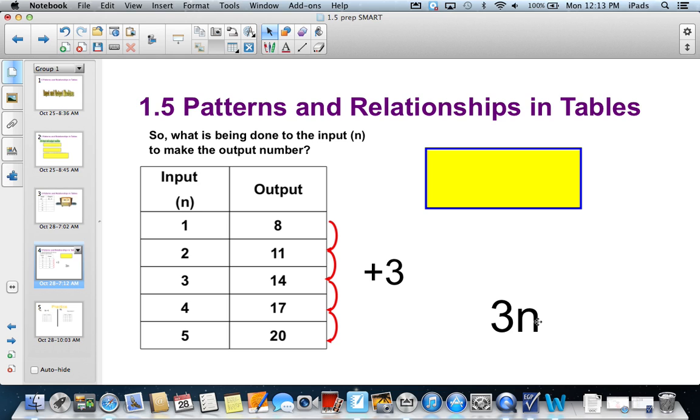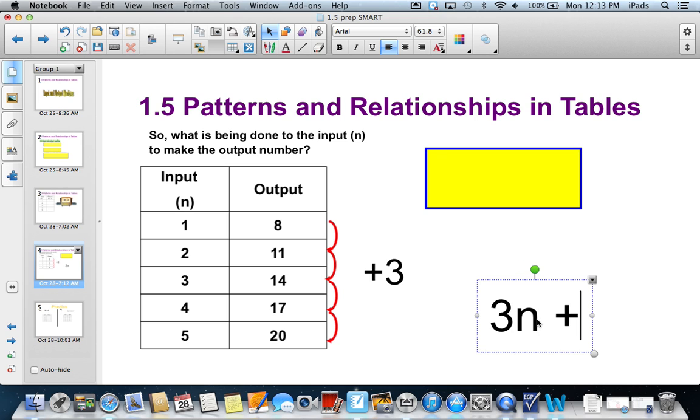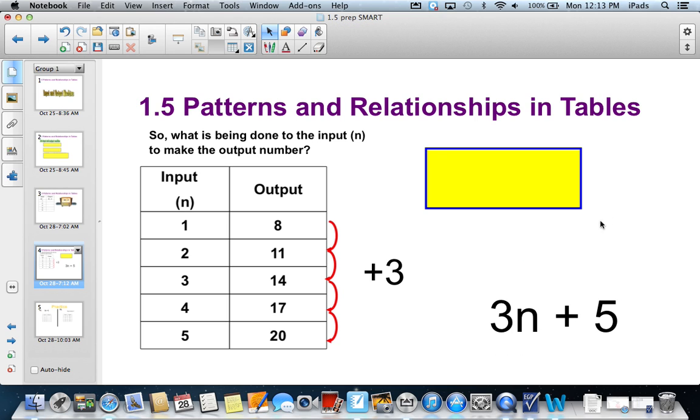So if it's 3n to start, 3 times 1 is 3, and that's not quite big enough. To get 8, what do I have to do to that? Well, 3 times 1 is 3. I have to add 5 more to make that so. So now let's check. 1 goes in there. 3 times 1 is 3, plus 5 is 8.